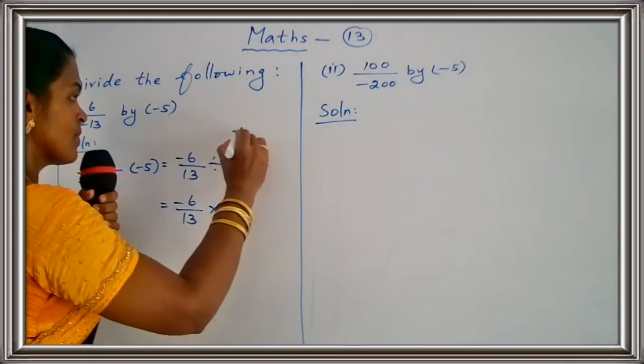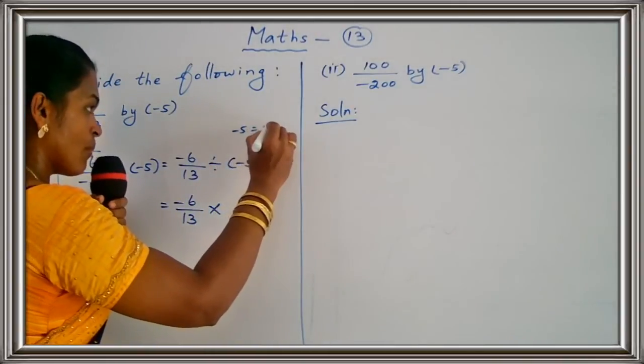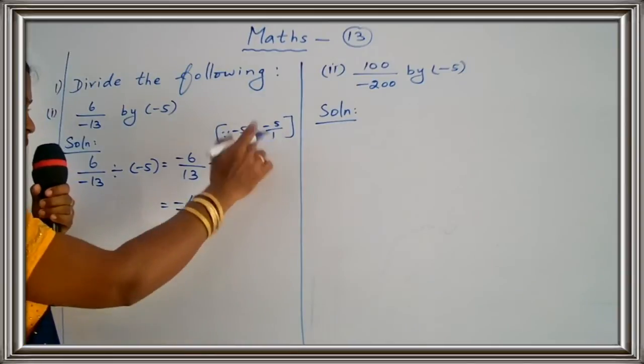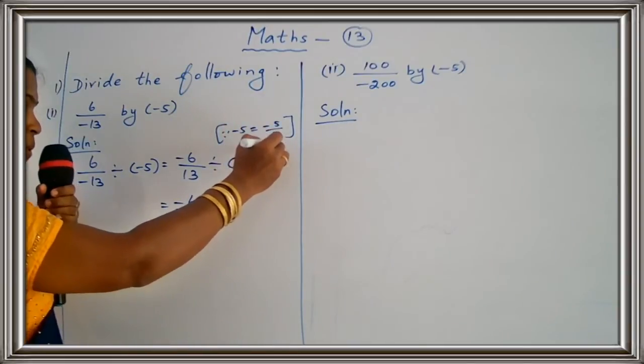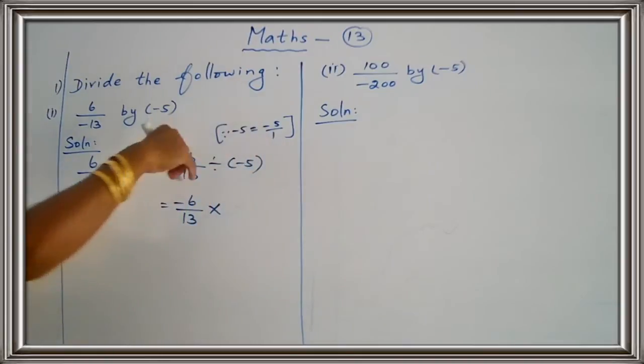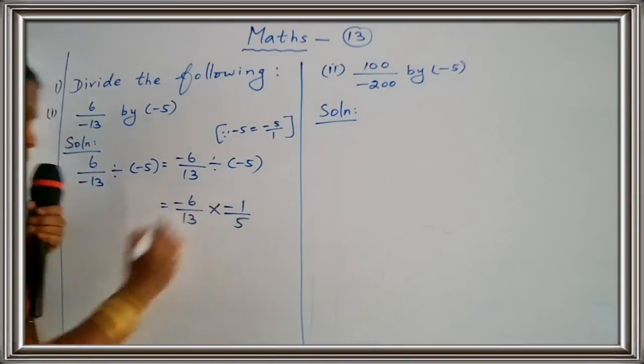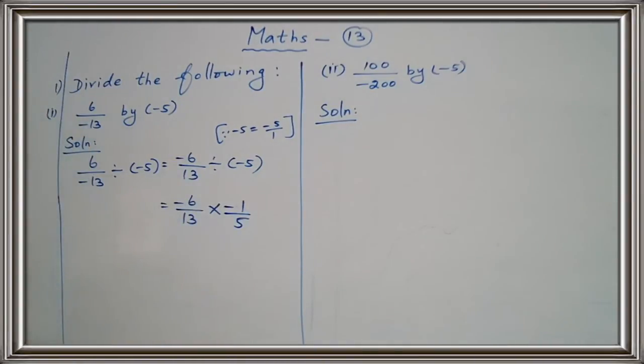Now, what is the next step? Yes, you convert it into a multiplication operation. In division, multiply the dividend by the reciprocal of the divisor. So minus 6 upon 13 multiplied by the reciprocal of minus 5. What is the reciprocal of minus 5? Minus 5 means minus 5 upon 1.